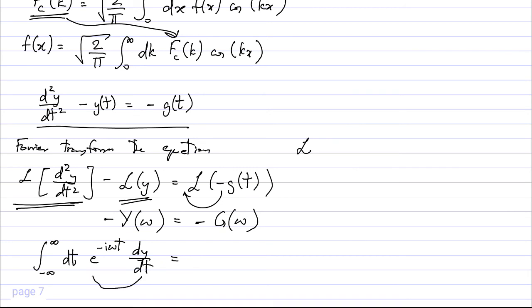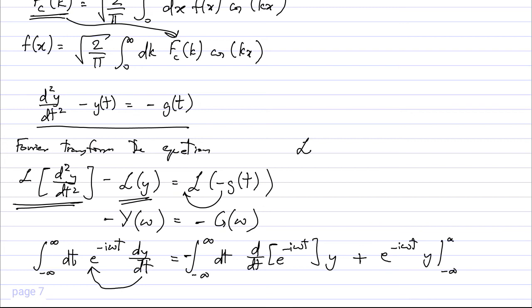So you push the derivative to the other term, e raised to power minus i omega t in this case, and you pick up a minus sign, plus you pick up some surface, the boundary terms. So you essentially have minus the integral dt of d by dt of e raised to power minus i omega t times y, along with the boundary terms, e raised to minus i omega t y from minus infinity to infinity.